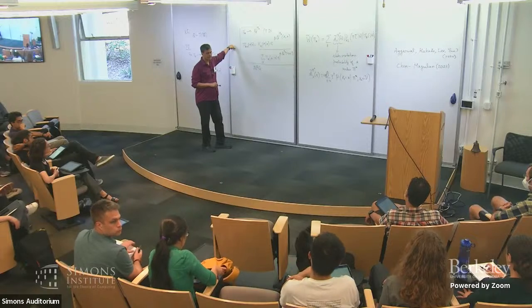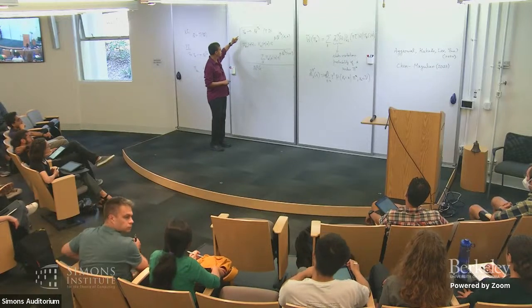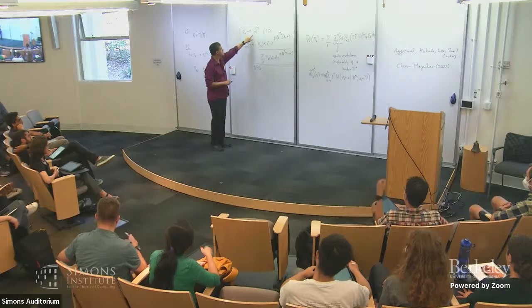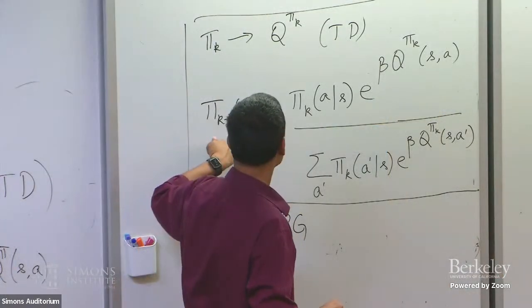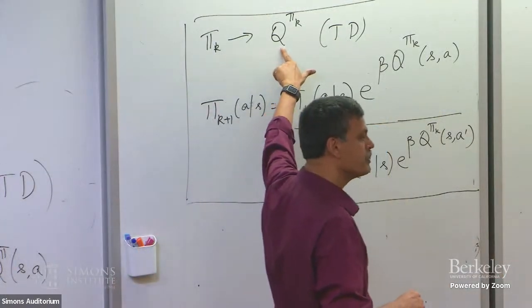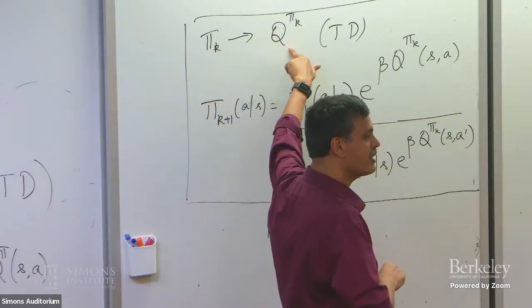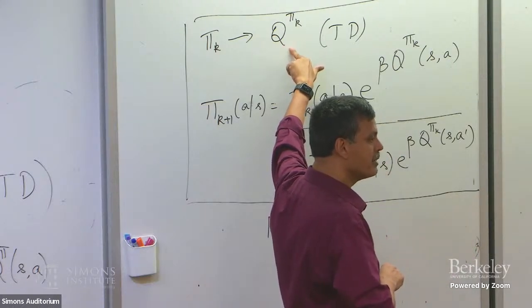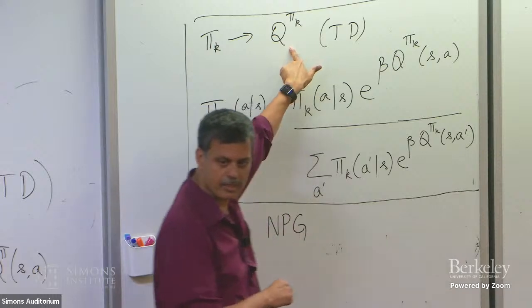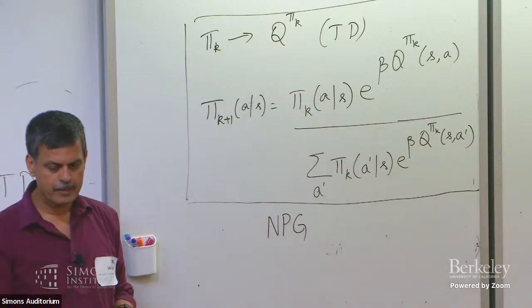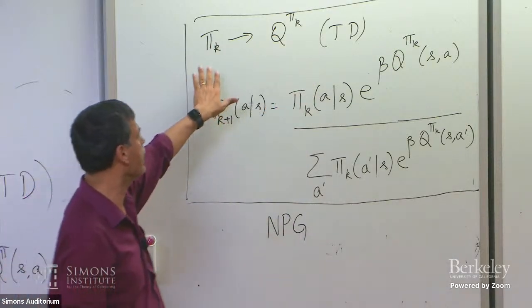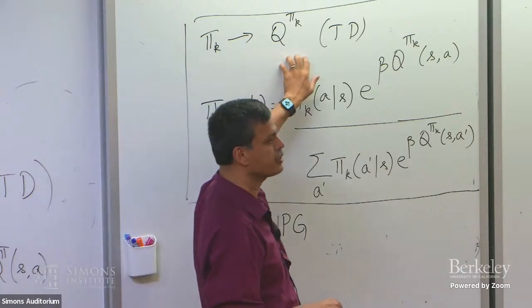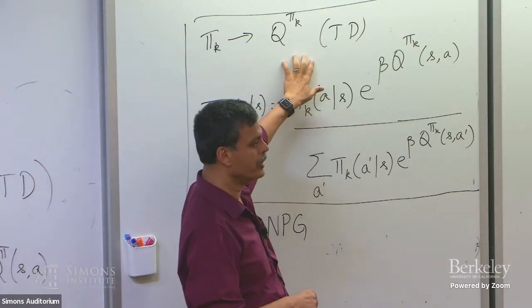No, it's not alternating. You fix a policy pi k, and you have to run an algorithm for a while to get the q pi k estimate. I guess the question is, suppose you terminate the policy evaluation in the middle, before it converges. Oh yeah, that's right. So the answer will be in terms of when you terminate that.